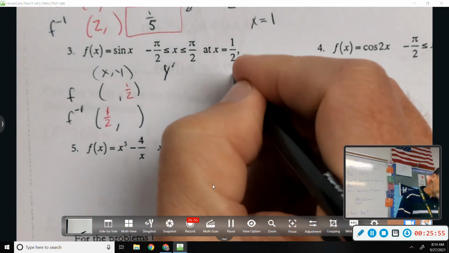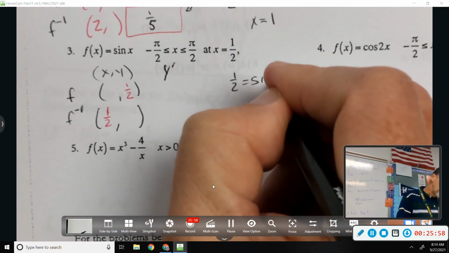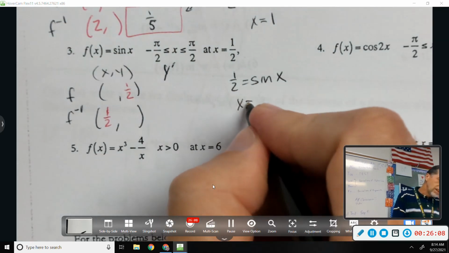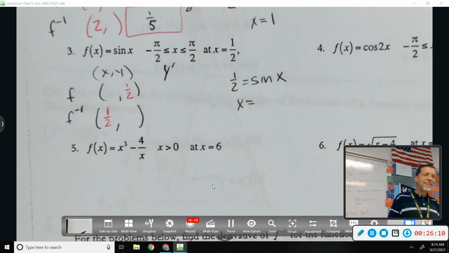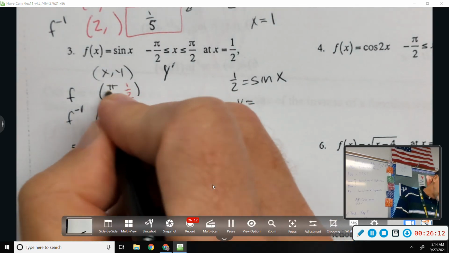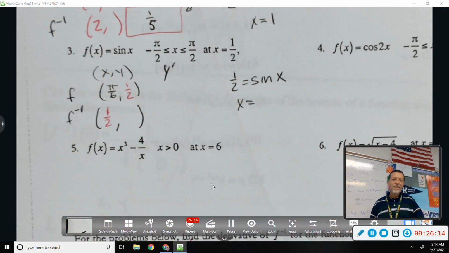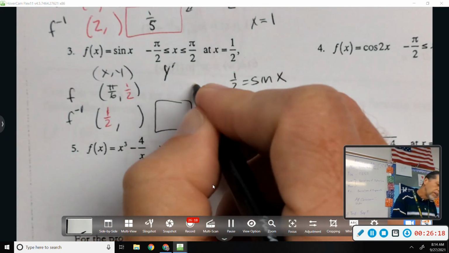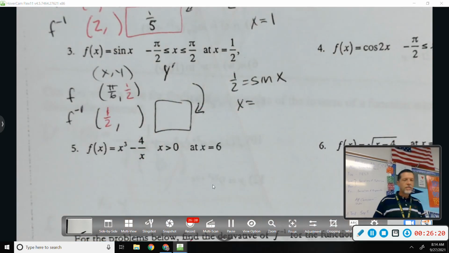And so that means 1/2 equals sine of x. Trig. What angle has a sine of 1/2? Pi over 6. So find the derivative, flip it over, you'll have your answer.